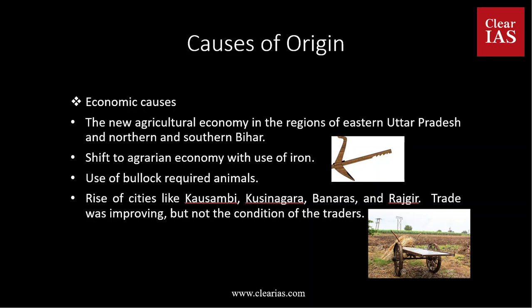And all of these economic causes required people to make certain changes to the Vedic economy, where animals could also be employed for agricultural purposes rather than keeping them just for pastoral purposes. So these were the economic causes of the rise of Jainism and Buddhism, because they gave an alternative view of life.